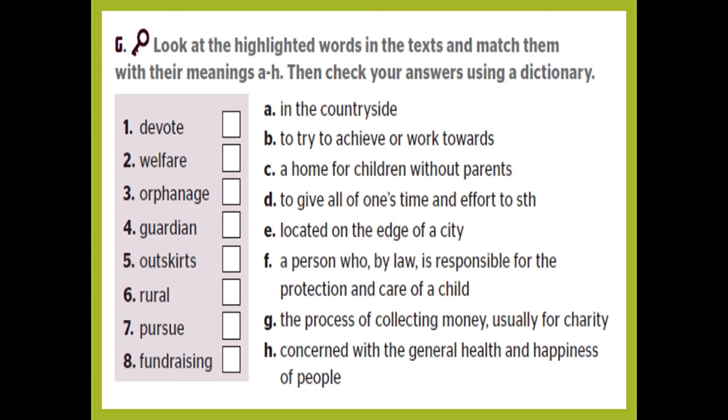You can pause your video and start answering by guessing the meaning throughout the text. Okay? Read. If you don't understand, try to guess the meaning of these words. Or you can use your dictionary or your word list to find the meaning of these words.